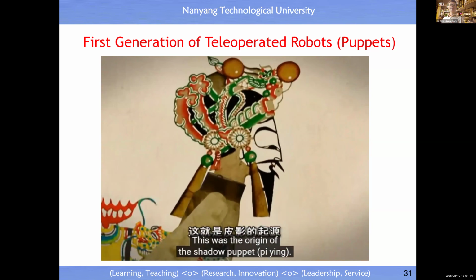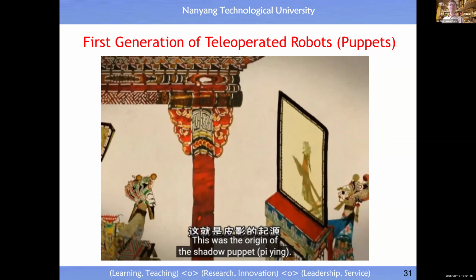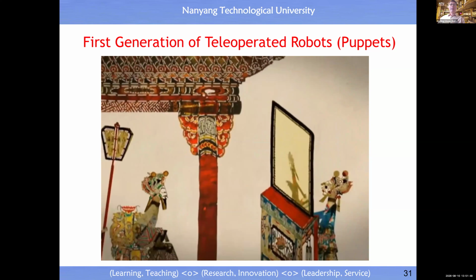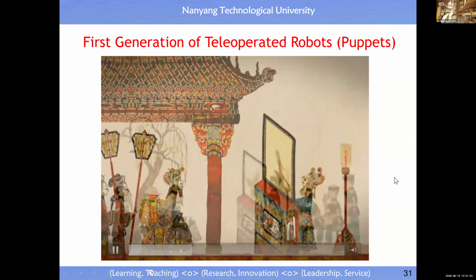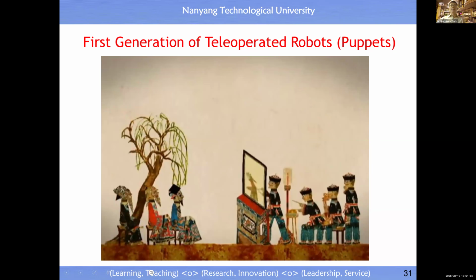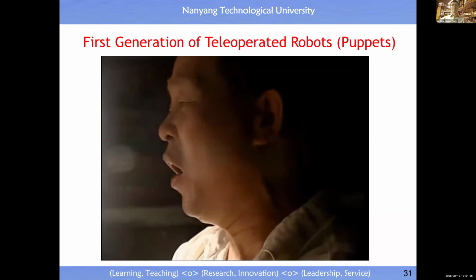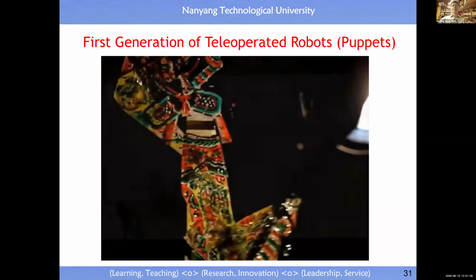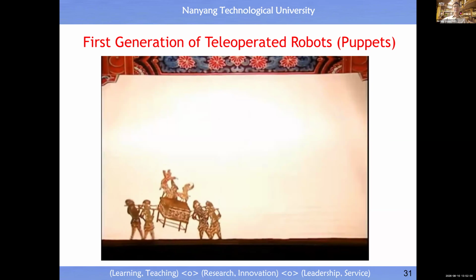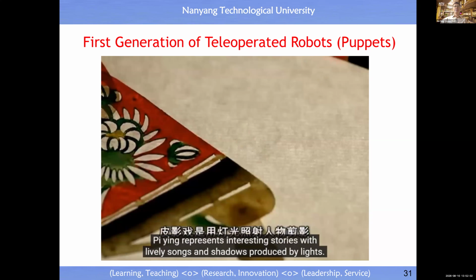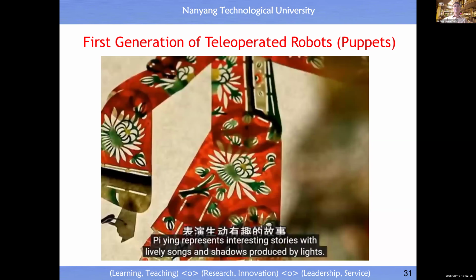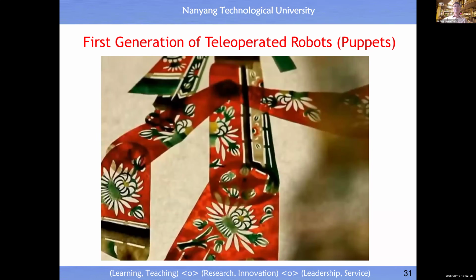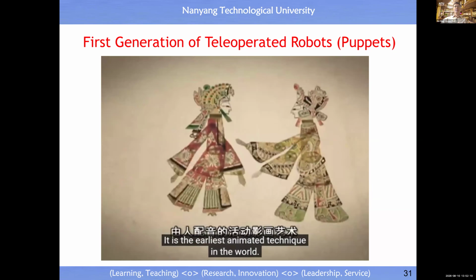This was the origin of the shadow puppet. 皮影 represents interesting stories with lively songs and shadows produced by lights. It is the earliest animated technique in the world.